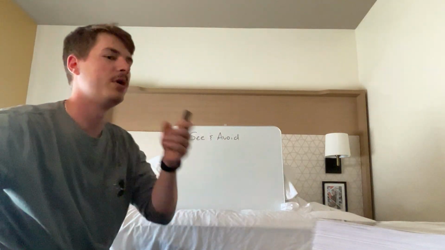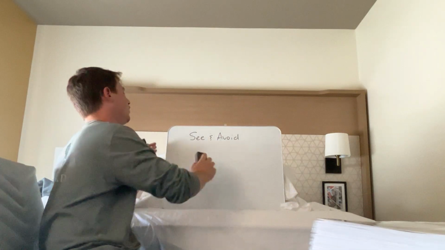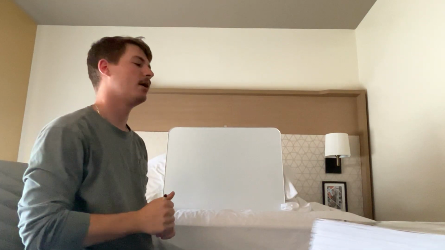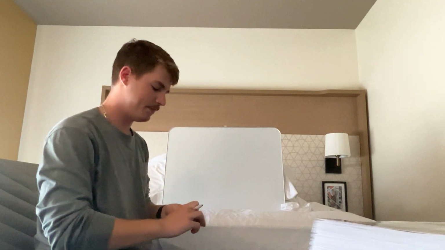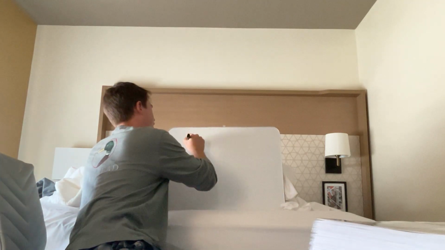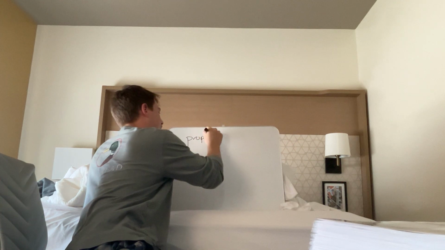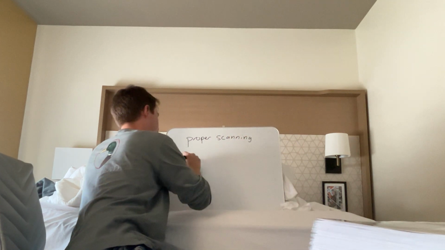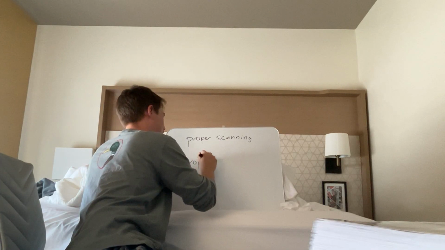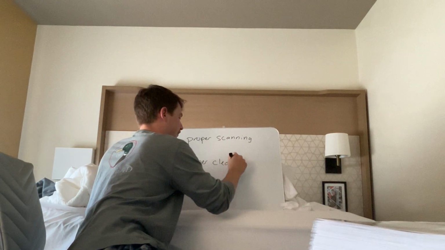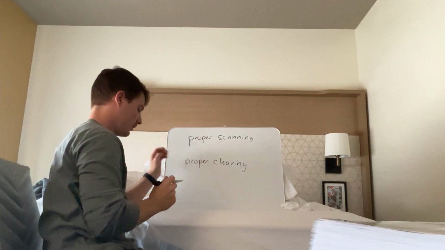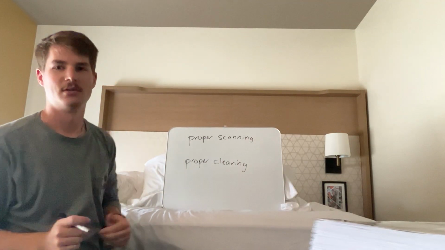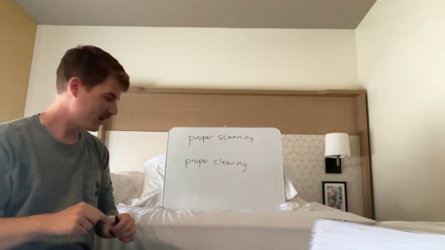So how do we properly see and avoid? Well, there's kind of two topics to talk about here. So there's proper scanning and proper clearing. So there's scanning and clearing.